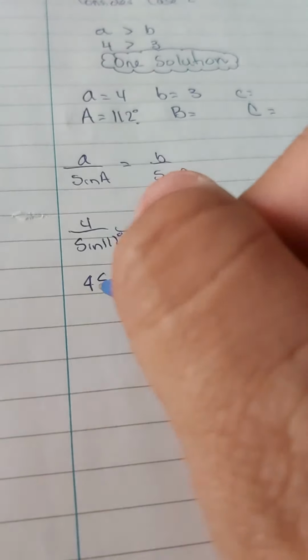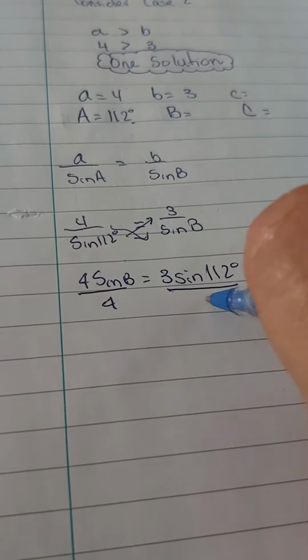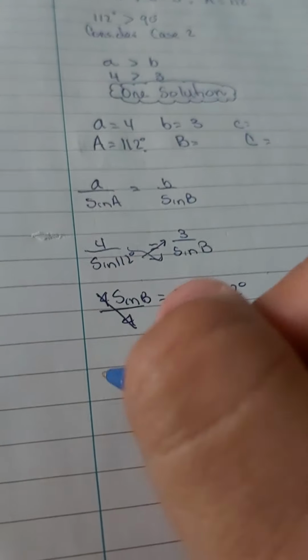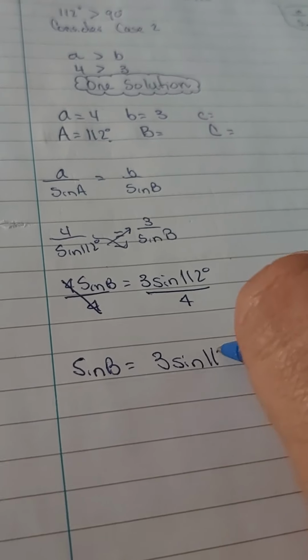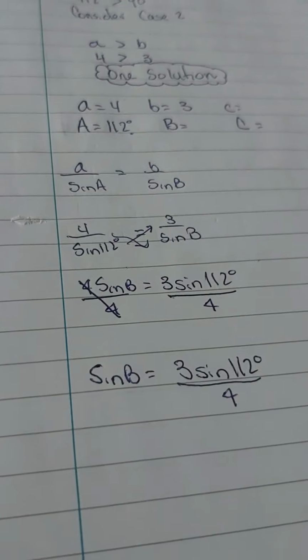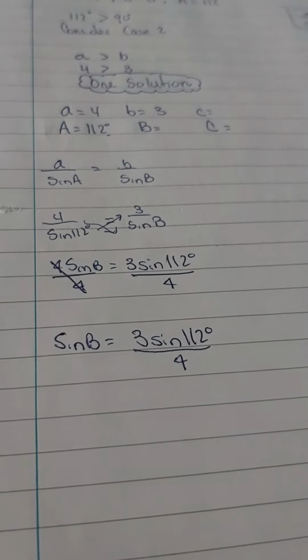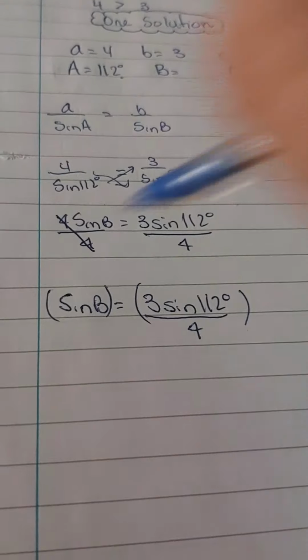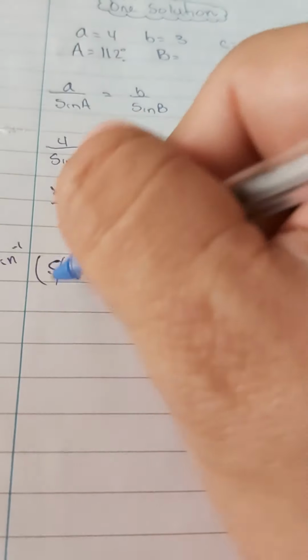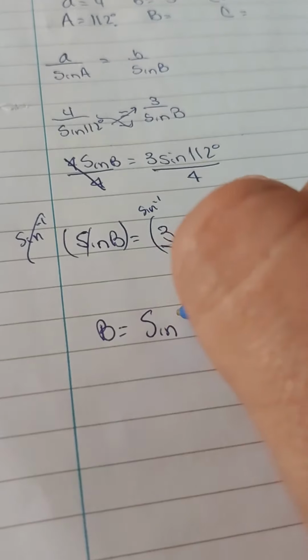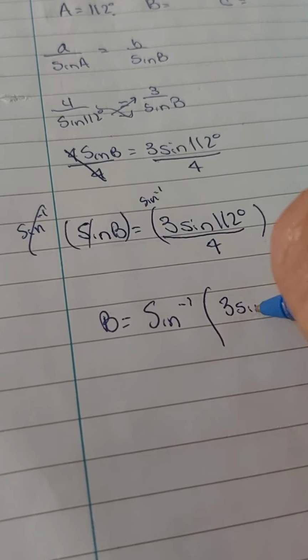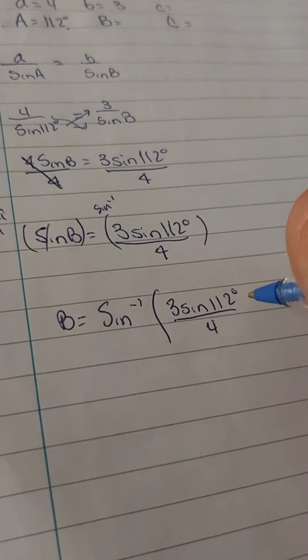We want to find sine of B, so we divide by 4 on both sides. So we get sine of B equals 3 sine of 112 divided by 4. And since we want B, we have to find the arc sine on both sides. So we get that B equals the arc sine of 3 sine of 112 over 4.